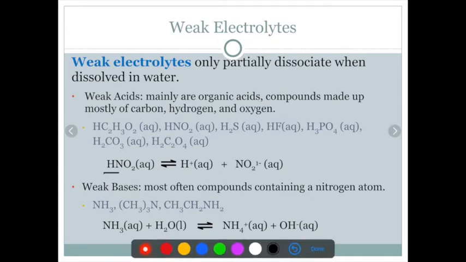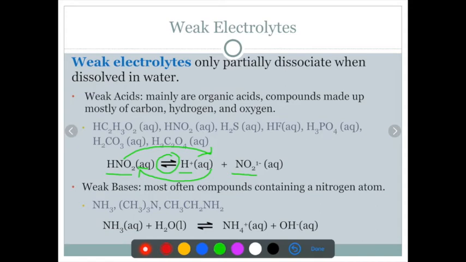So here's nitrous acid, right here. It dissociates into hydrogen and nitrite, but you'll see the symbol is different, right? It's not just an arrow pointing to the products. It's an equilibrium symbol. So HNO2 breaks into hydrogen and nitrite ions, but then the hydrogen and the nitrite come back around and form HNO2.